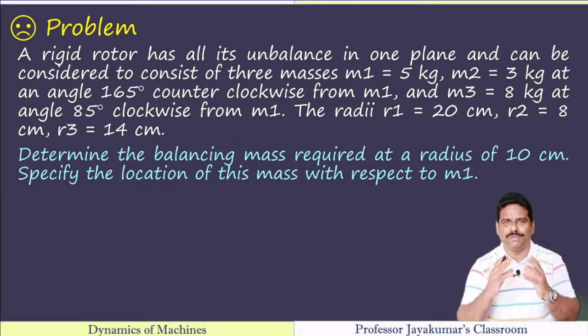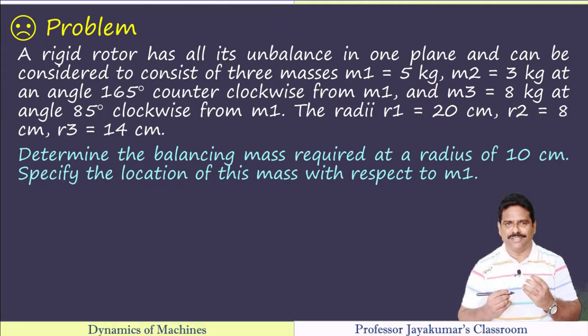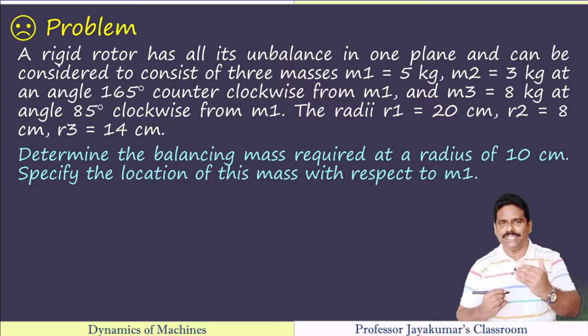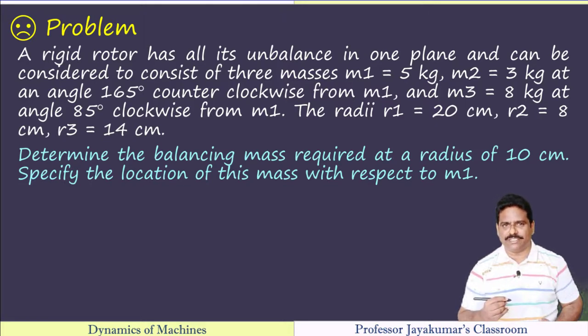Let us understand the problem clearly. A rigid rotor has all its unbalance in one plane and can be considered to consist of three masses. So we have three revolving masses revolving in the same plane. That's what that statement says to us. The values of M1, M2 and M3 are given.